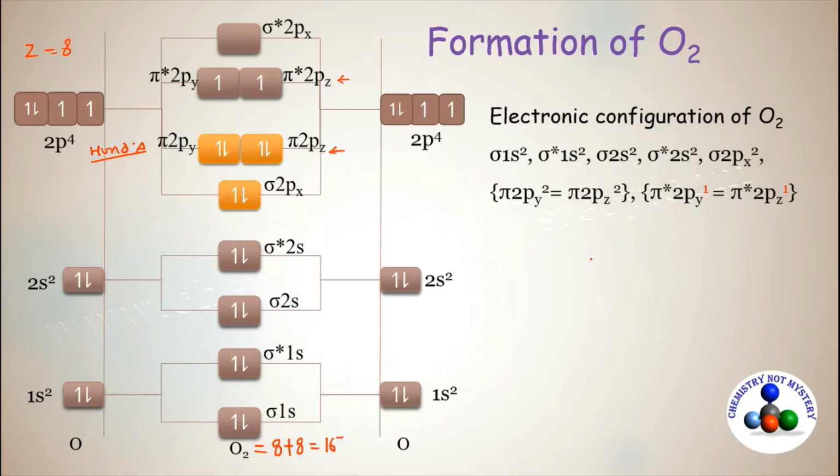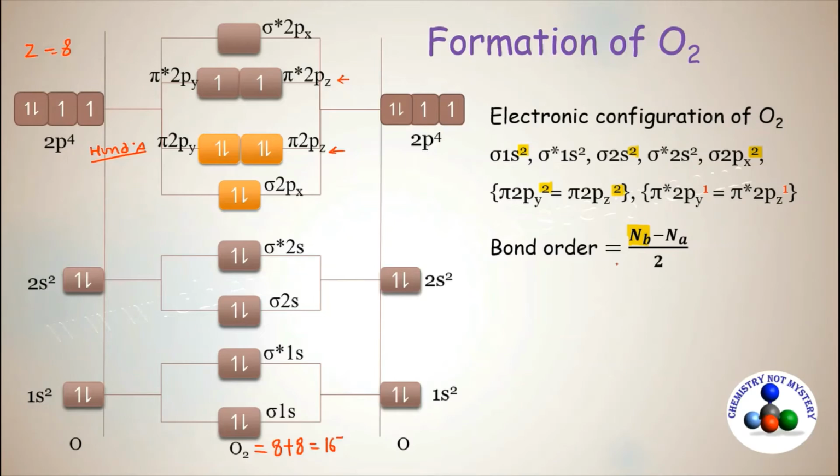Now calculate the bond order for the O2 molecule. First of all, you have to calculate the electrons present in bonding molecular orbitals. So 2 electrons in sigma 1s, 2 electrons in sigma 2s, 2 electrons in sigma 2px, 2 electrons in pi 2py and 2 electrons in pi 2pz.